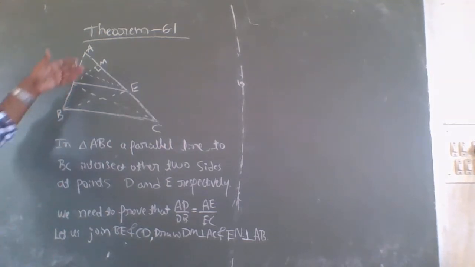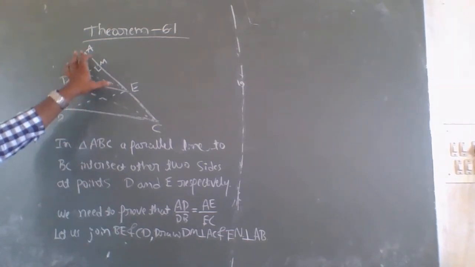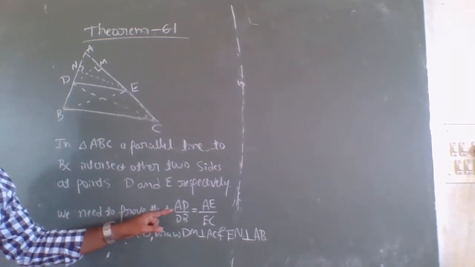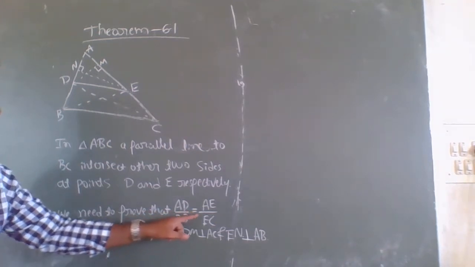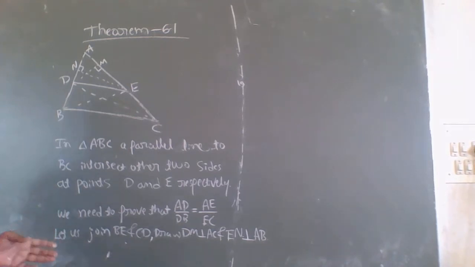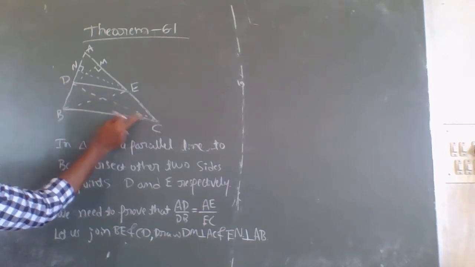Sides are divided in the same ratio means AD by DB is equal to AE by EC. Therefore, we need to prove that AD by DB is equal to AE by EC. And so here let us join BE and CD. So here I joined BE and CD.